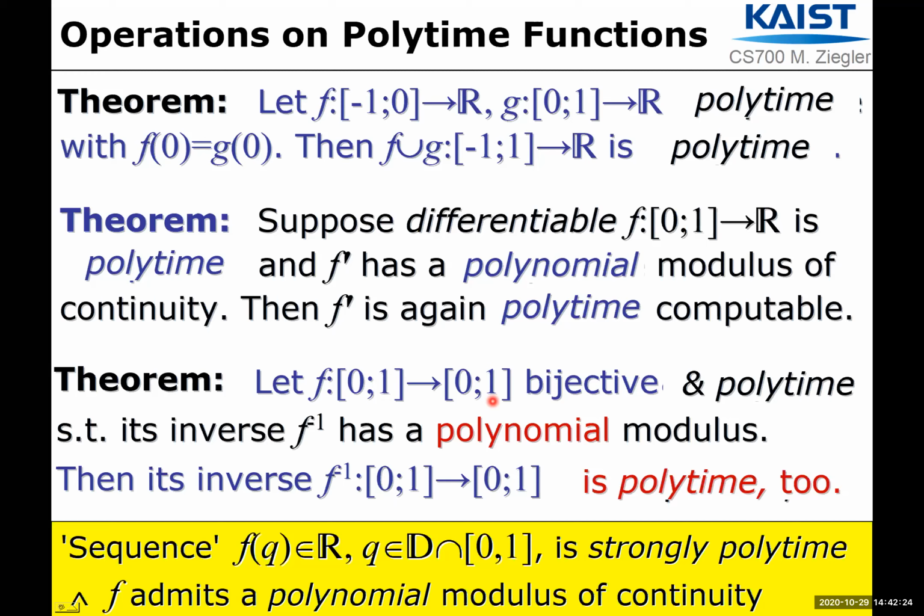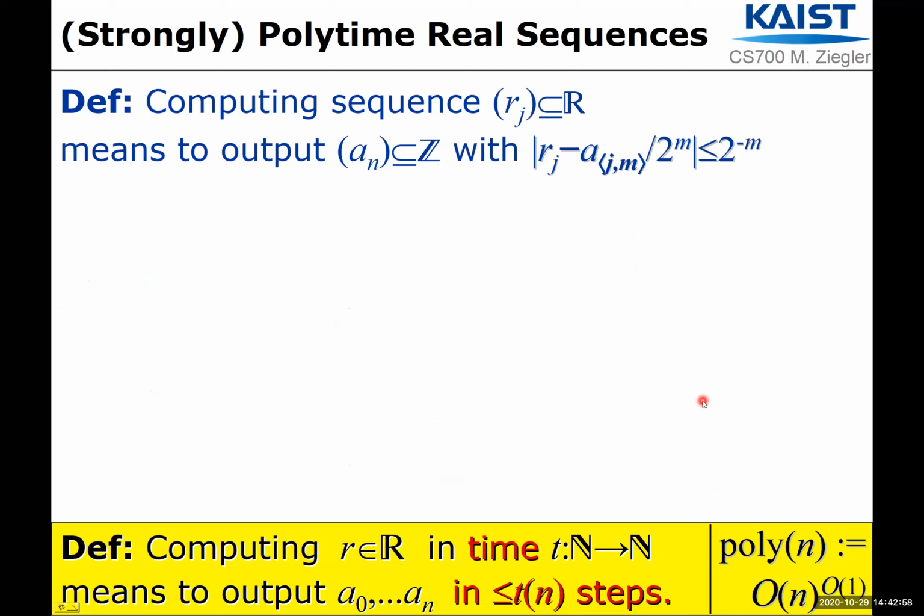Okay, so yes, as I said, I owe you the definition of computational complexity for real sequences. Actually, two definitions. One, strong polynomial time computability, and one about arbitrary or regular polynomial time computability. So here's the definition, namely computing a sequence.